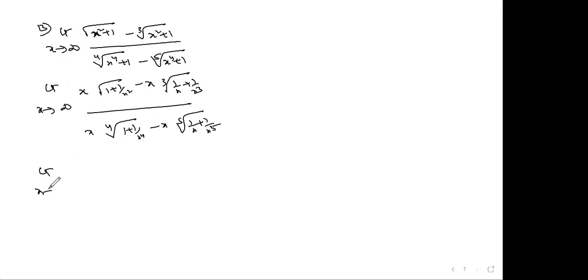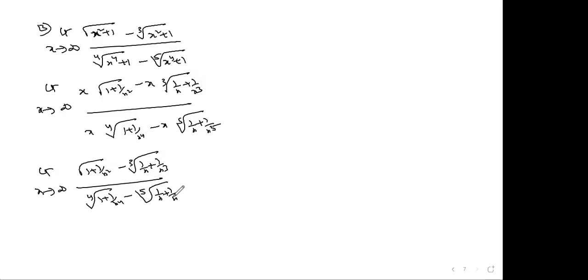So finally you will have limit x tends to infinity 1 plus 1 by x square minus cube root of 1 by x plus 1 by x cube after cancelling that x, over fourth root of 1 plus 1 by x to the power of 4, and here fifth root of 1 by x plus 1 by x to the power of 5. What happened here? 1 plus 0 minus cube root of 0 plus 0, over fourth root of 1 plus 0, and fifth root of 0 plus 0. Finally we have 1. Okay, we got this.